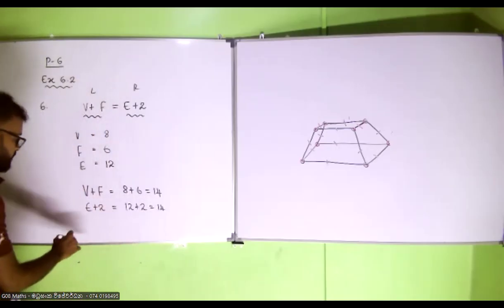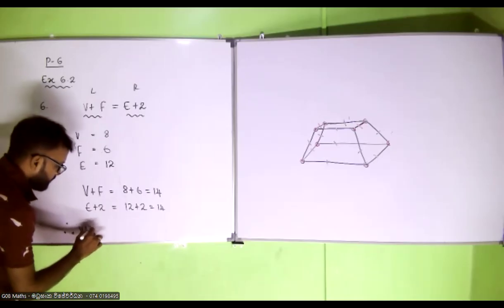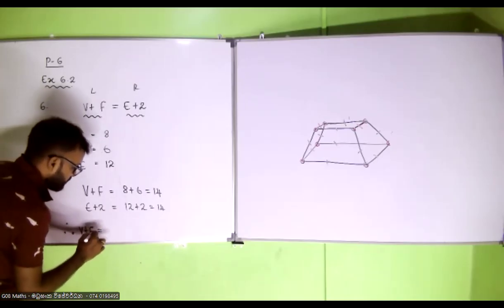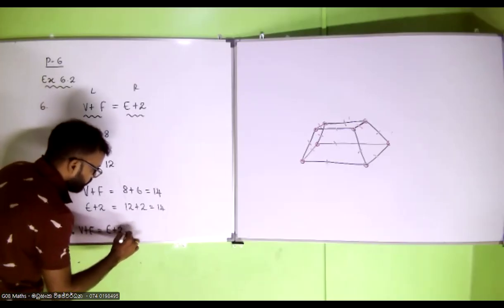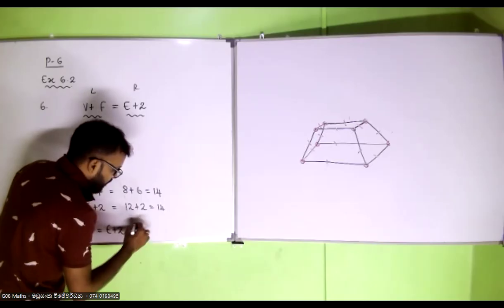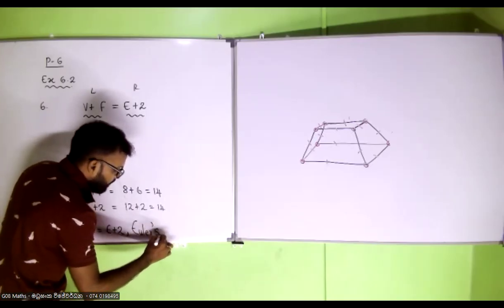So you can write, therefore, V plus F, vertices plus number of faces, equals edges plus 2. I'm not going to write all the things.